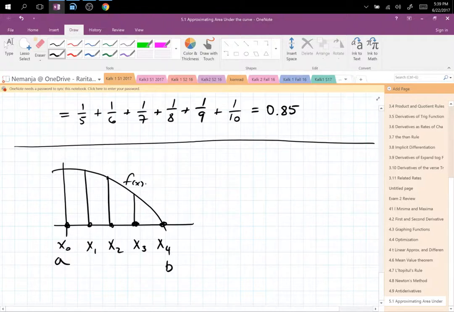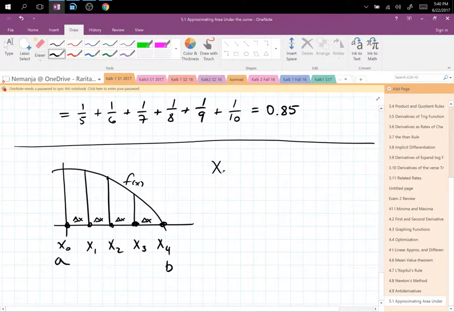And what I'm going to do is write dx everywhere. And then say that the difference in between any one of these is delta x. But the difference between any two is 2 delta x. The difference between any three is 3 delta x. So x0 and x3 are 3 delta x's apart.